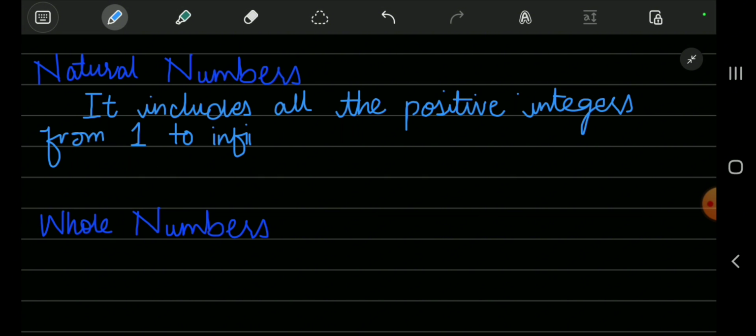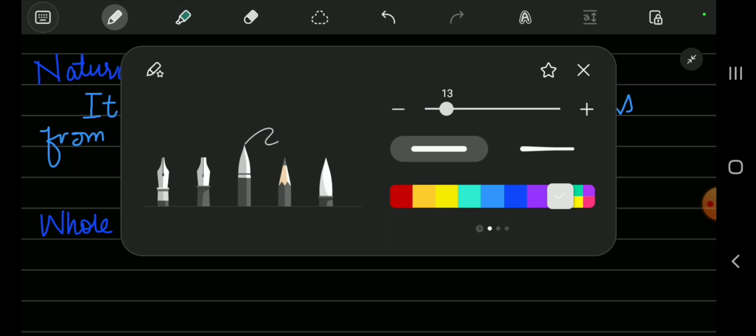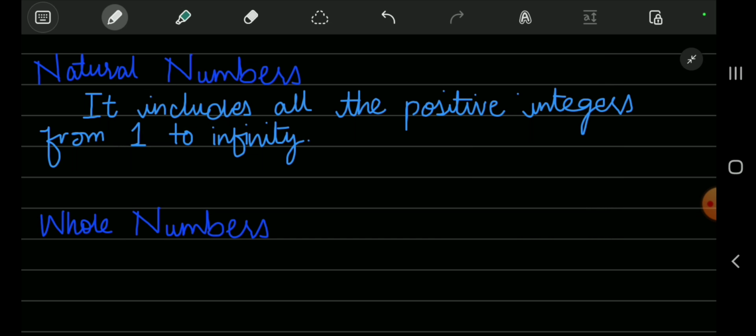Or in simple words I can explain this as the numbers starting from 1: 1, 2, 3, 4, 5, like all the counting numbers starting from 1 and so on are the natural numbers. I said that these include all the positive integers.